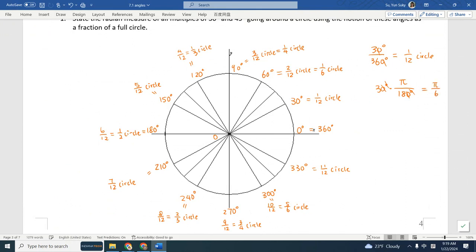So this is pi/6. We want to convert degree to radian, so we want to cancel off the degree. We put 180 degree downstairs and we put the pi upstairs. So 3/18, the common factor is 3. We divide by 3, 18 divided by 3 is 6. So this equals pi/6. 30 degree is pi/6.